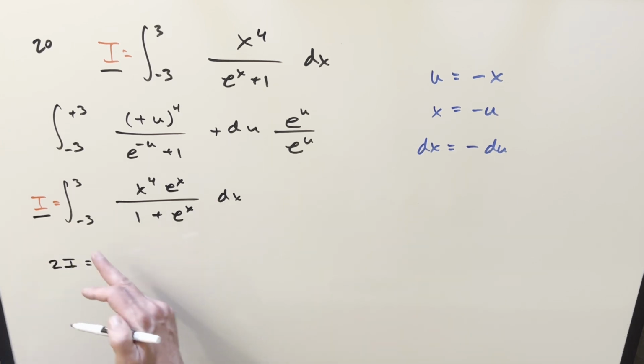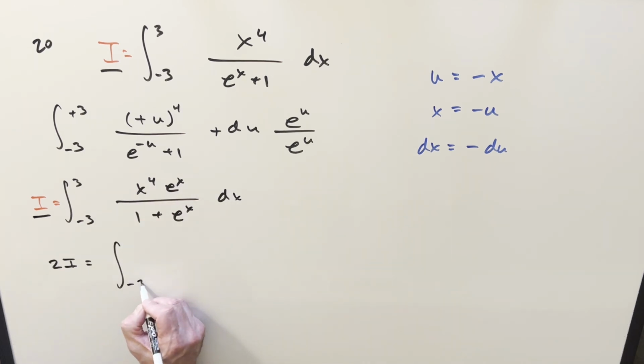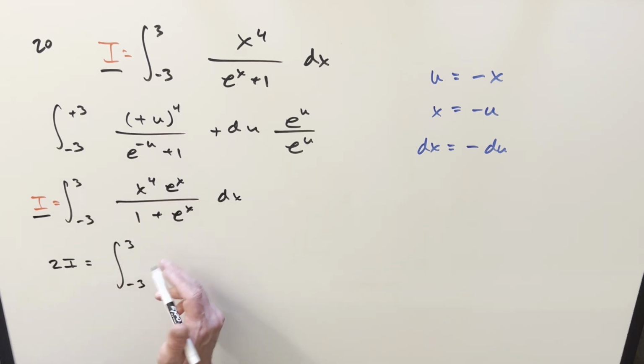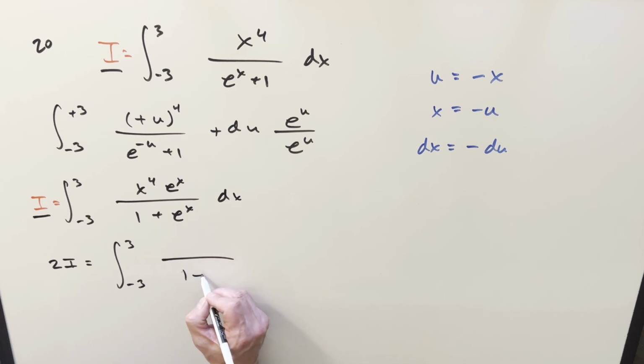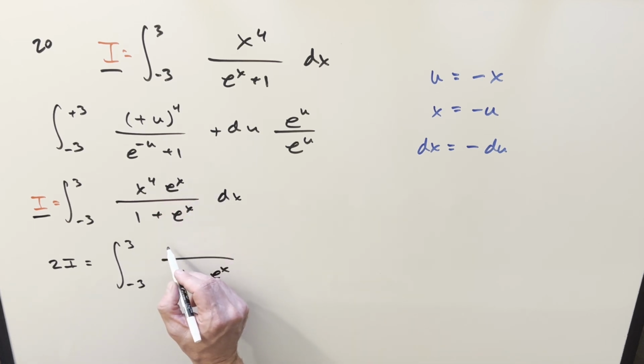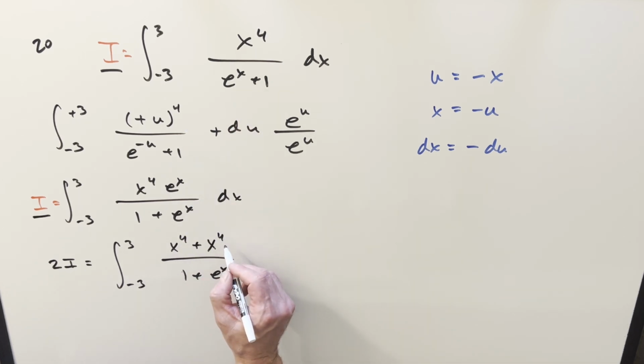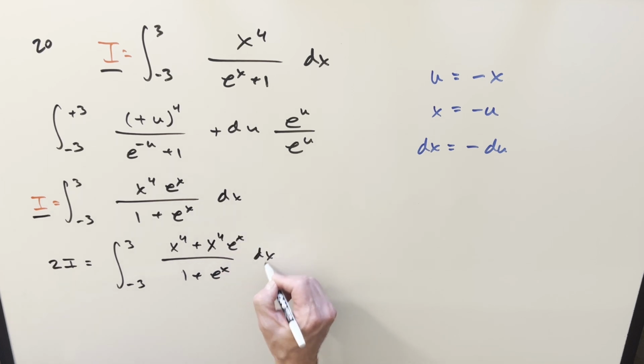Notice we can put them together pretty easily because our bounds are the same, and the denominator is the same. So we're going from -3 to 3. We really just need to add up the numerators. Doing that, we'll have x to the 4 plus x to the 4 e to the x dx.